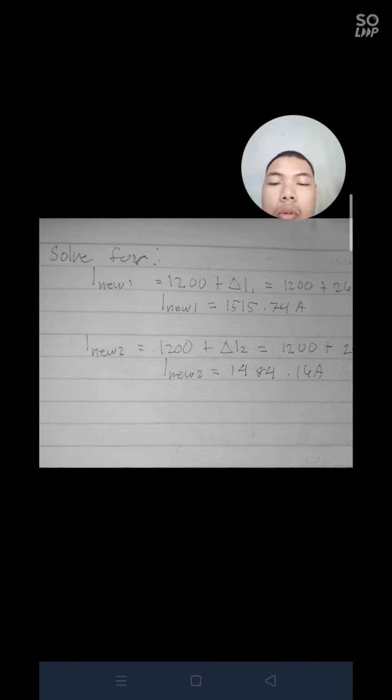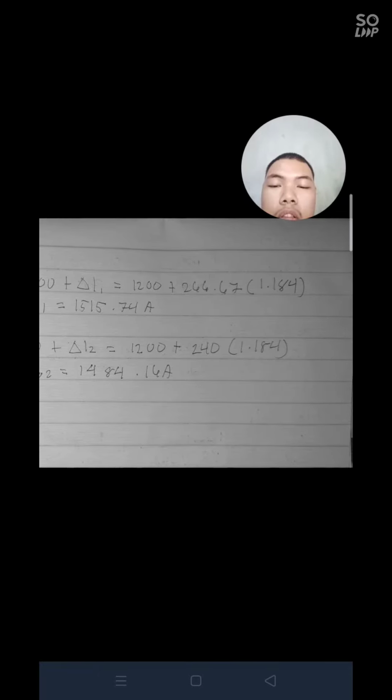I new 2 equals 1,200 plus delta I2, so equals 1,200 plus 240 times 1.184. So I new 2 equals 1484.16 ampere.